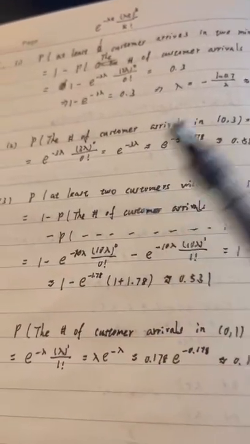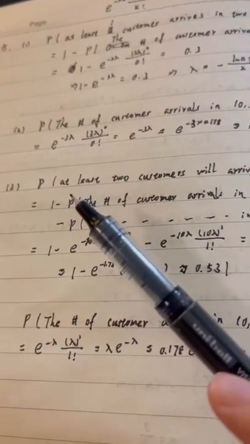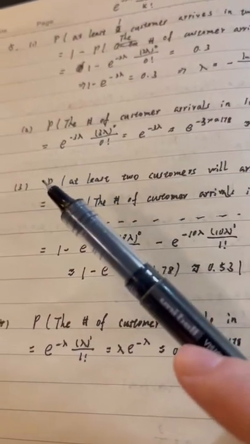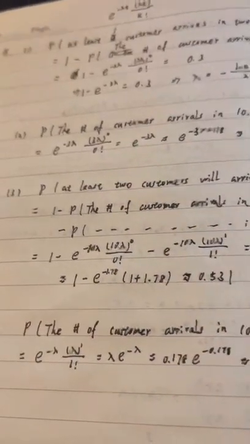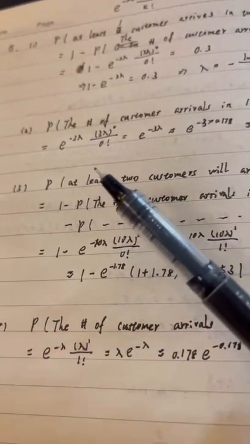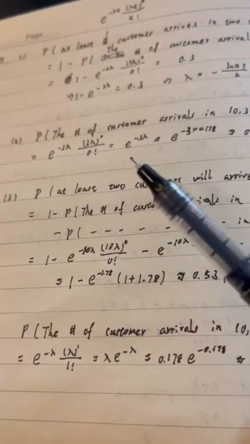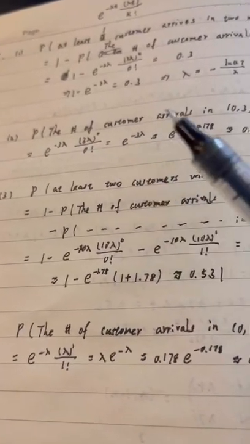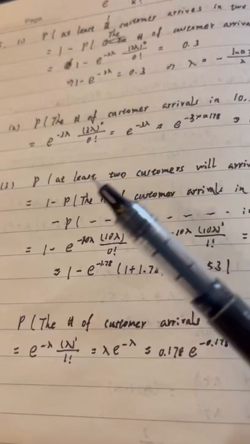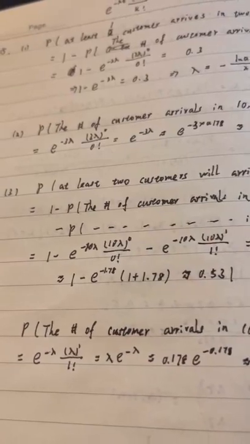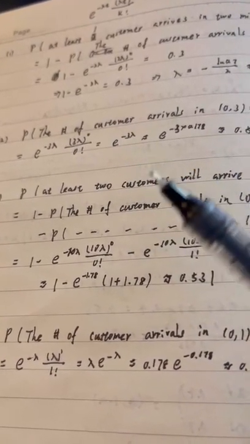So we substitute into the Poisson distribution: e to the power of minus 3 lambda, times 3 lambda to the 0th power divided by the factorial of 0.